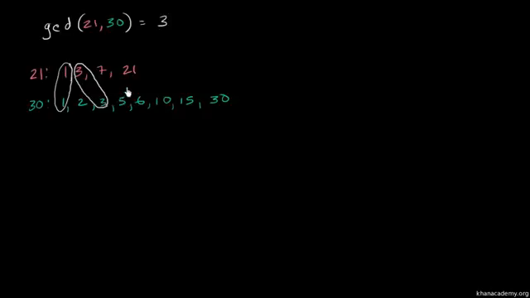Now, I keep talking about another technique. Let me show you the other technique, and that involves the prime factorization. The prime factorization of 21: well, it's divisible by 3. It is 3 times 7. And the prime factorization of 30 is equal to 3 times 10, and 10 is 2 times 5.